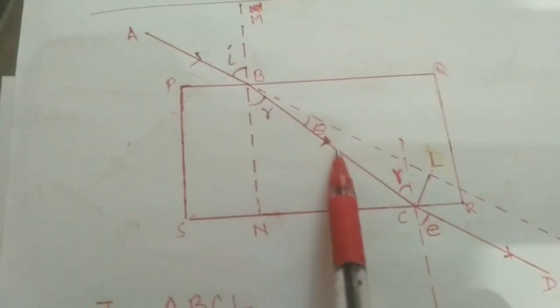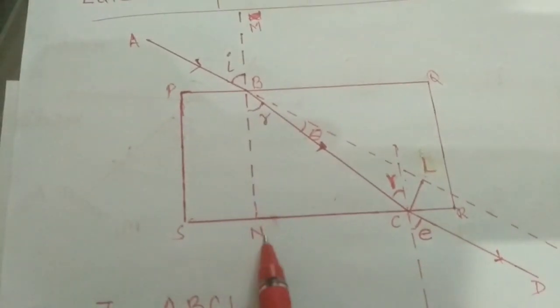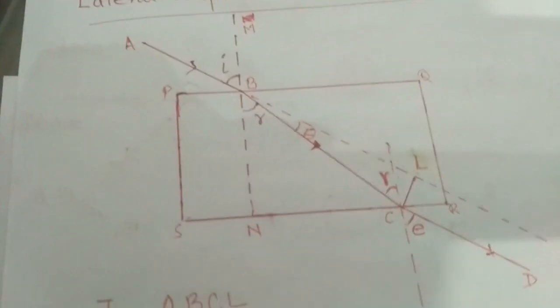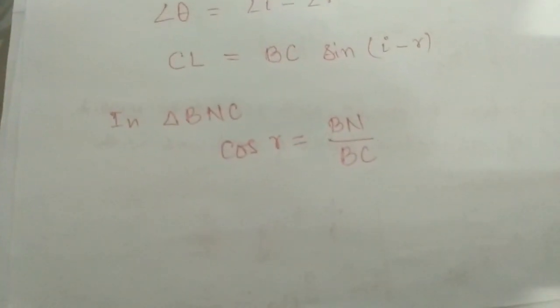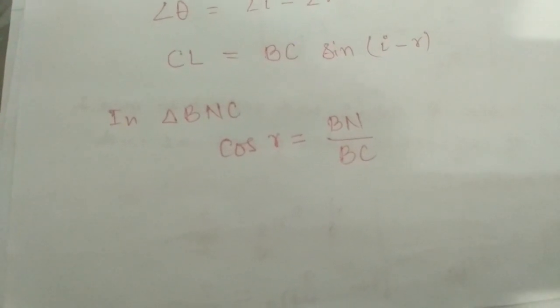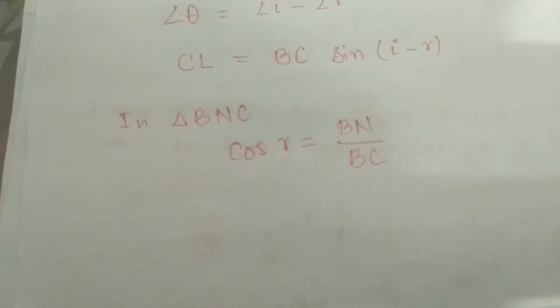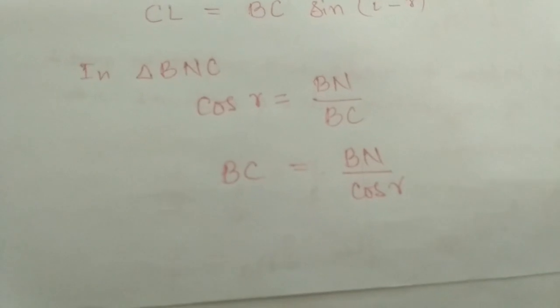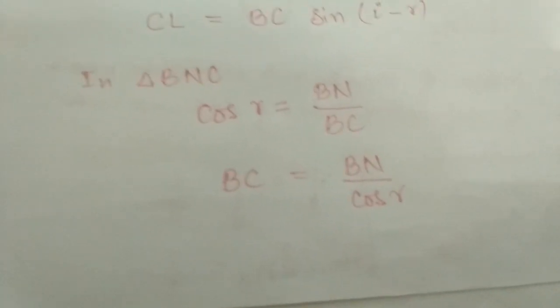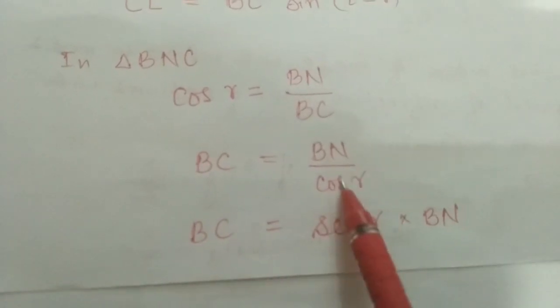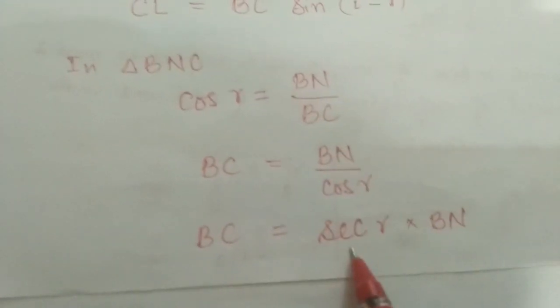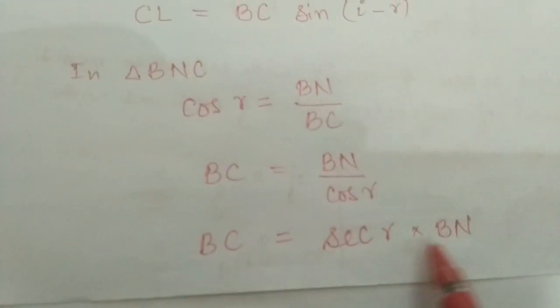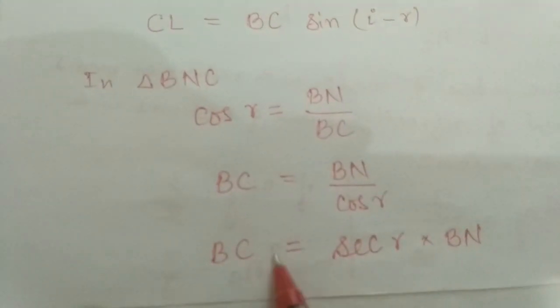Base upon hypotenuse. So it becomes BN upon BC, or BC is equal to BN upon cos R. Again, 1 upon cos R is sec R. So BC is equal to sec R into BN. So we can use this BC.